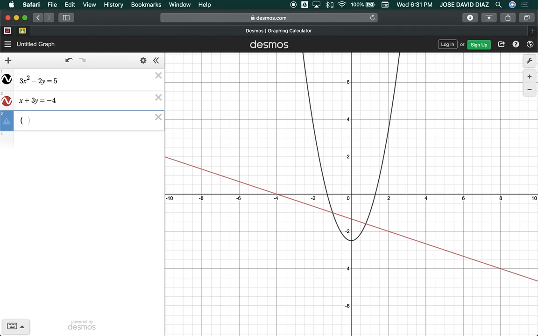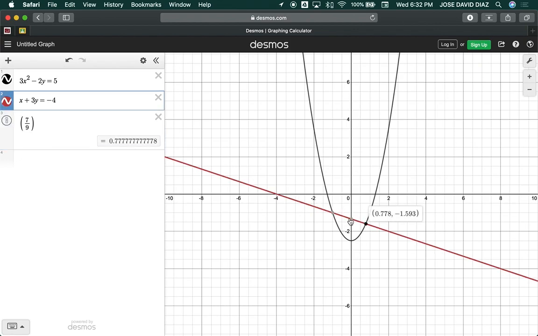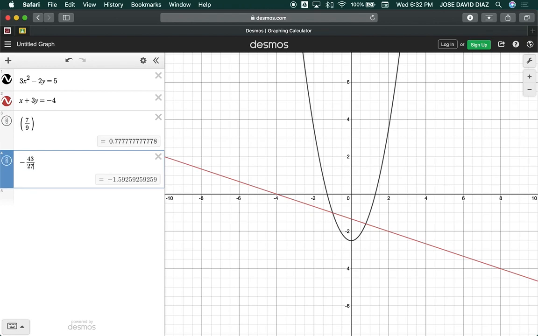I can just plot the point, 7 over 9, comma, negative 43 divided by 27. Or you can evaluate your fraction and just confirm that that is correct. And then I can type in the other fraction and confirm that that matches. So that's one way of doing it.